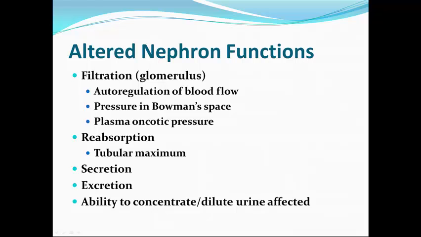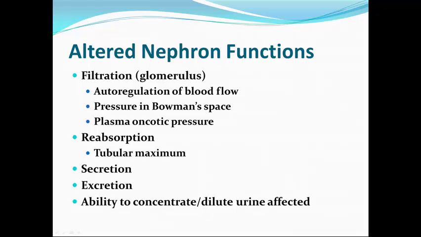The last thing before we move on from the nephron functions is just a quick reminder that we have two different types of nephrons, and these are important pathophysiologically. About 85% of our nephrons are cortical nephrons, and that means they have short loops of Henle. 15% of our nephrons have long loops of Henle, and those dip down, and those are called the juxtamedullary nephrons.